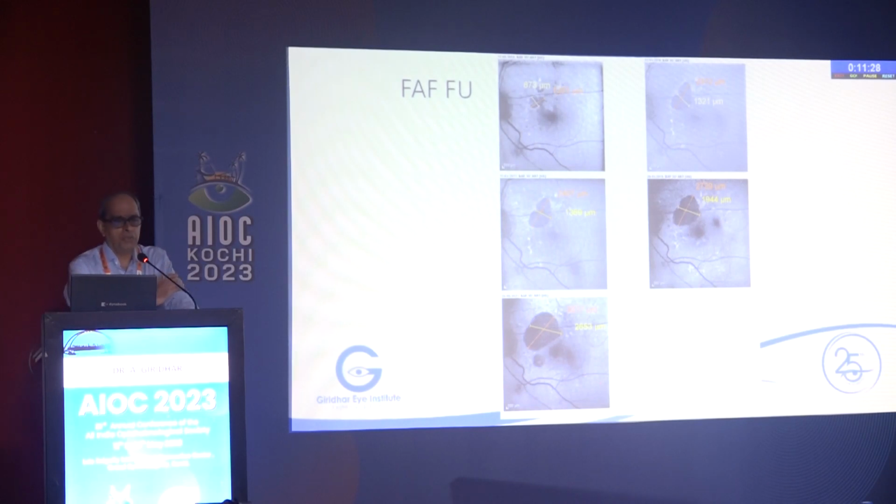So, over a period of 10 years, the area of atrophy is slowly increasing, although the vision is more or less the same. So, this is how we use multimodal imaging. Although the patient is doing well, we know that atrophy is slowly increasing, and that atrophy is slowly reaching the center of the macula. So, autofluorescence is a very useful imaging modality to understand the functional status of the outer retina.